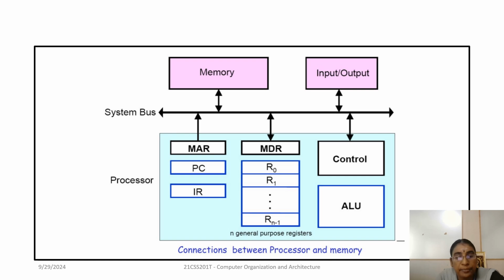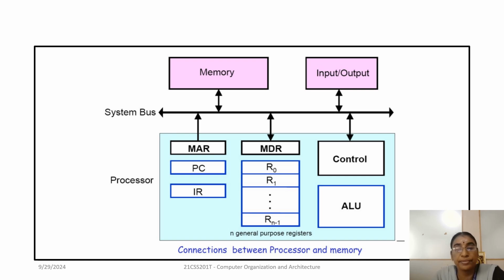MAR is the memory address register, MDR is the memory data register, and there is the control unit. The memory address register indicates the address location of input or output data, and it is connected to the system bus. PC is the program counter, which points to the address of the next instruction to be executed.